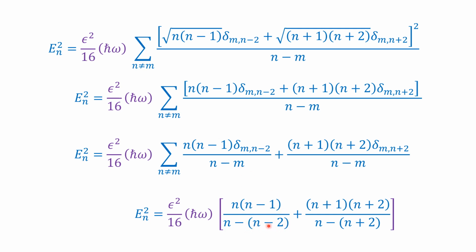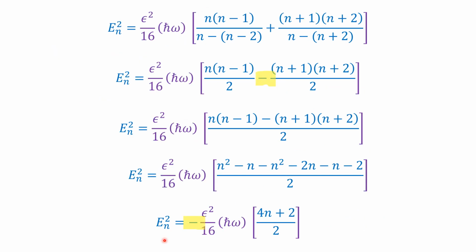Similarly, I am replacing this m by n plus 2. So naturally, the summation will go away because we have used the delta function property. So the second order energy correction is epsilon squared divided by 16 h cross omega and this term. We will further simplify it.